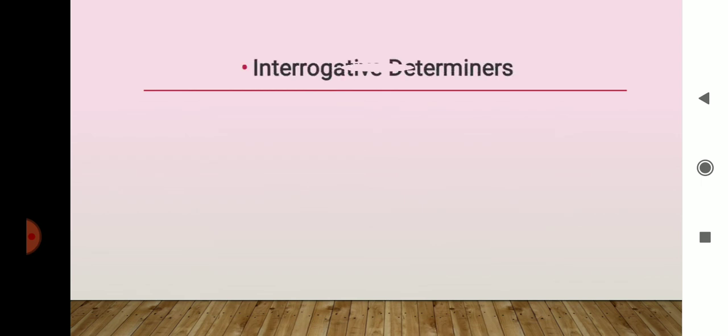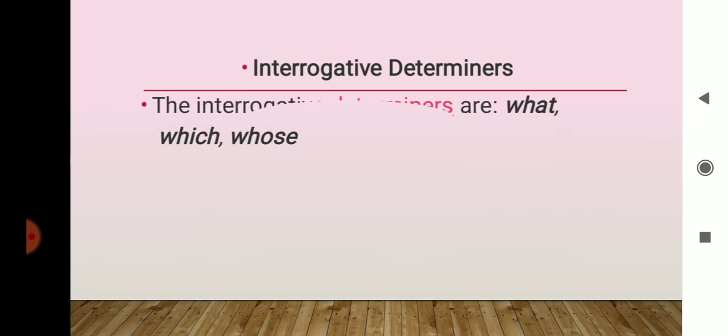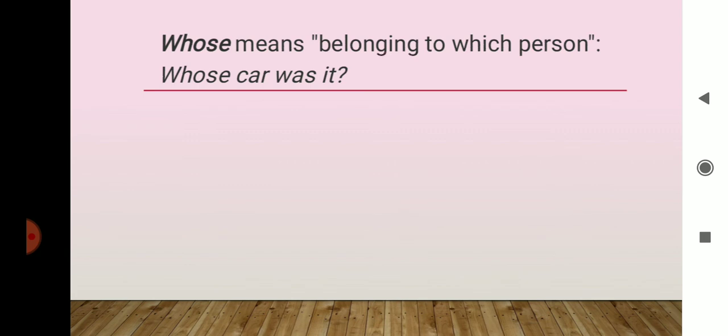Now let's see interrogative determiners. What are interrogative determiners? The interrogative determiners are what, which, whose. Whose means belonging to which person. For example, whose car was it?